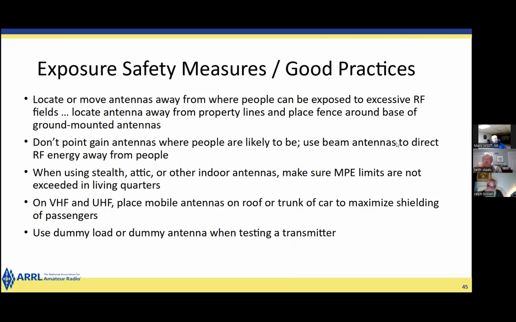Use a dummy load or dummy antenna when testing a transmitter, and reduce the power and duty cycle of your transmissions. You should be using no more power than you need to make your contact.